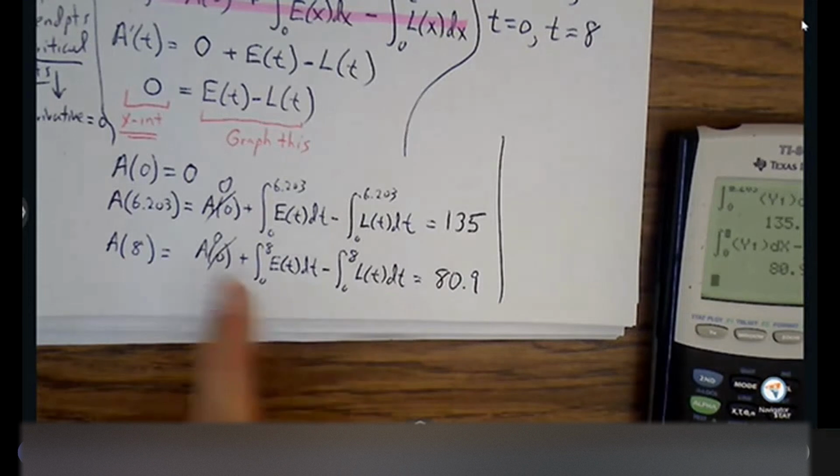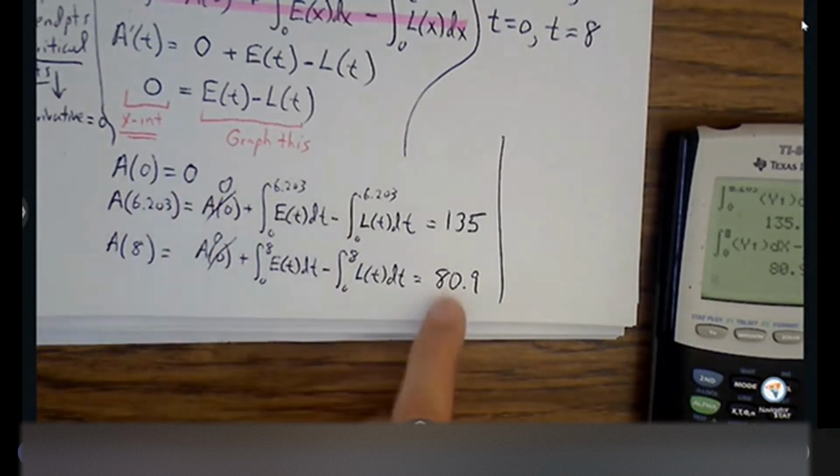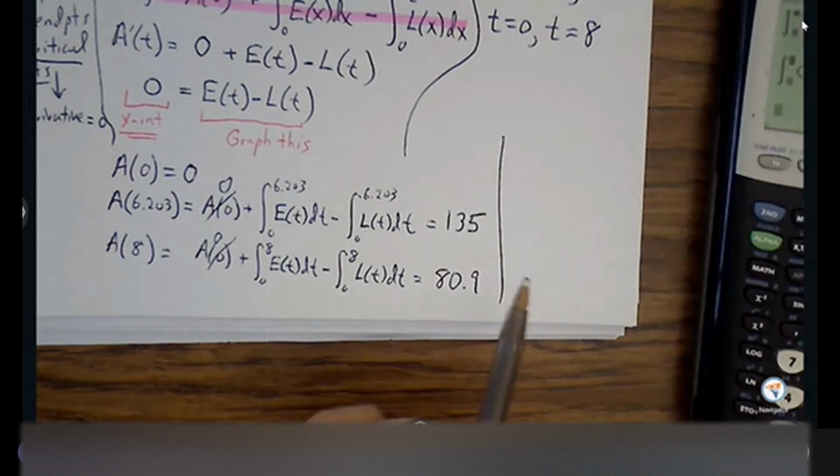Okay, so we have our 3 candidates, right? Either 0, 135, or 80.9. We're looking for the most, where there's the greatest number of fish.